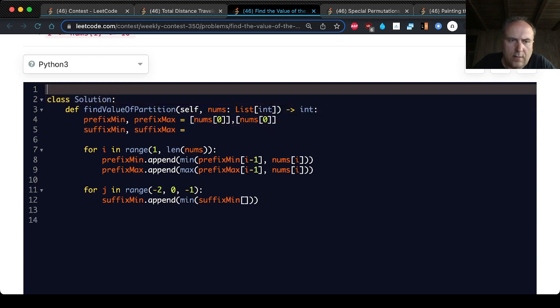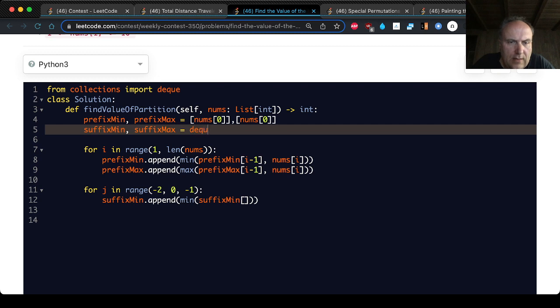Let's do, so from collections import deque. Now we have deque, this one, this one.